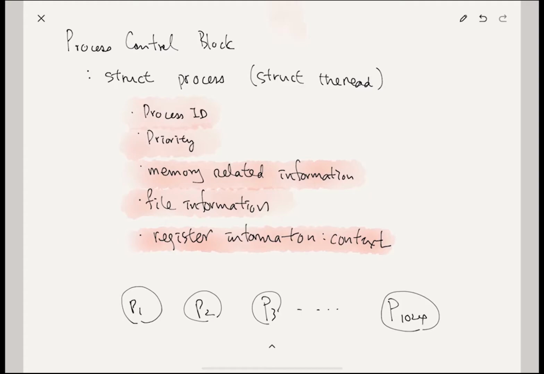But these days, a server may contain thousands of processes. So these days, the operating system maintains a set of processes in the system as probably a double linked list. Okay, so this is the process list.